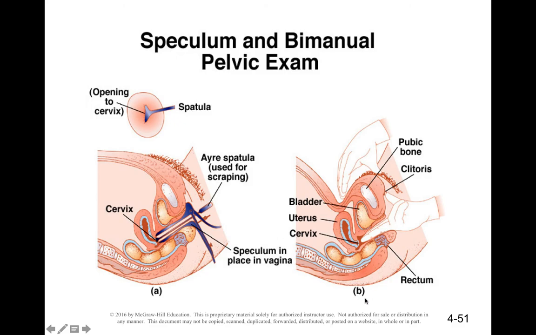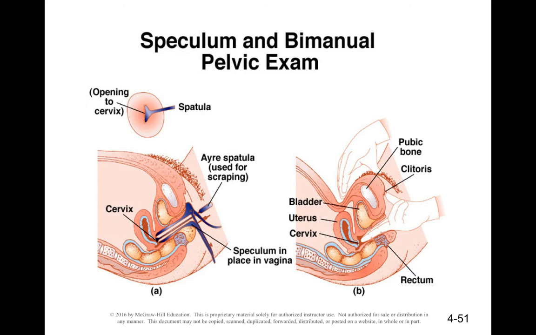On the right-hand side, you'll see a bimanual pelvic exam. While a woman is getting her gynecological exam, she'll oftentimes have a pap smear as well as a bimanual pelvic exam, where the doctor will put a finger of one hand very near the clitoris and insert two fingers into the vaginal canal to feel up towards the cervix.